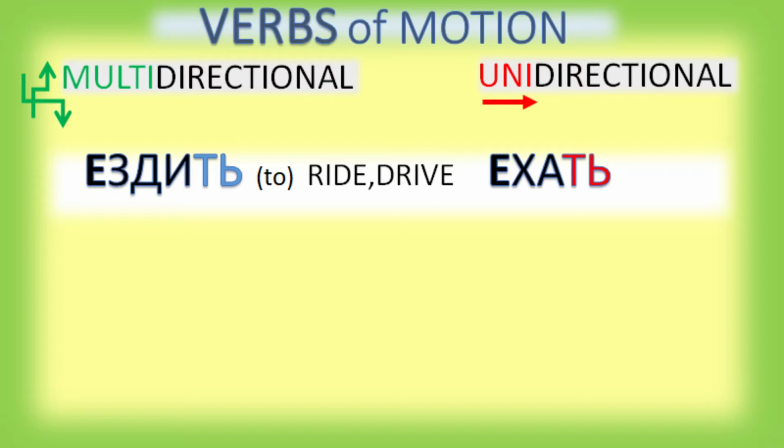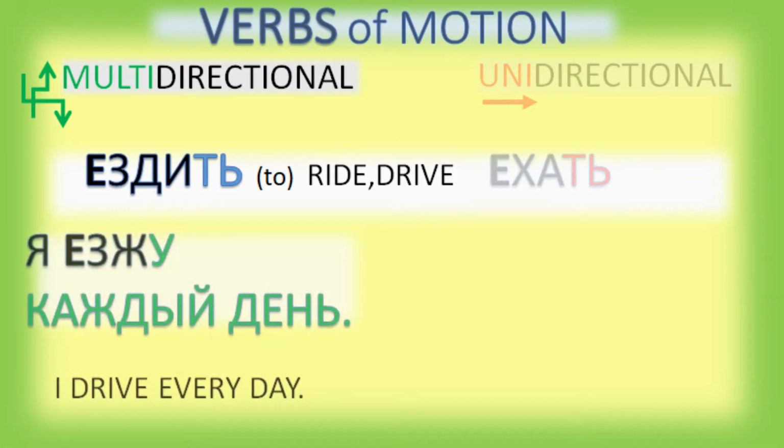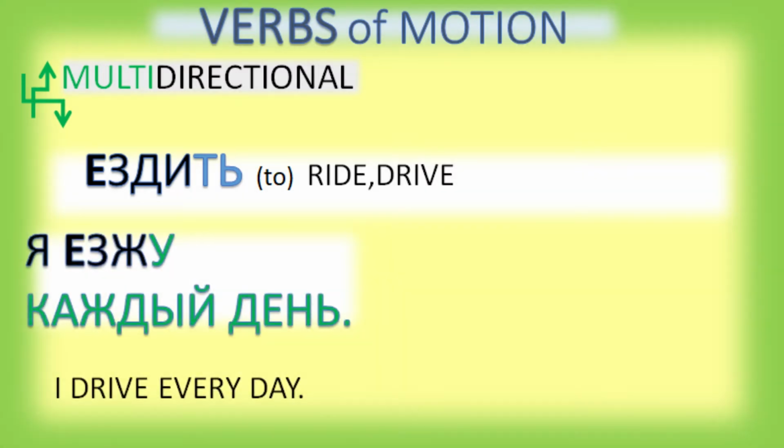That doesn't mean that you perform this action at this moment. It is more like a habit, something that you do often. You went somewhere and returned back. For example, I drive every day. Я езжу каждый день.